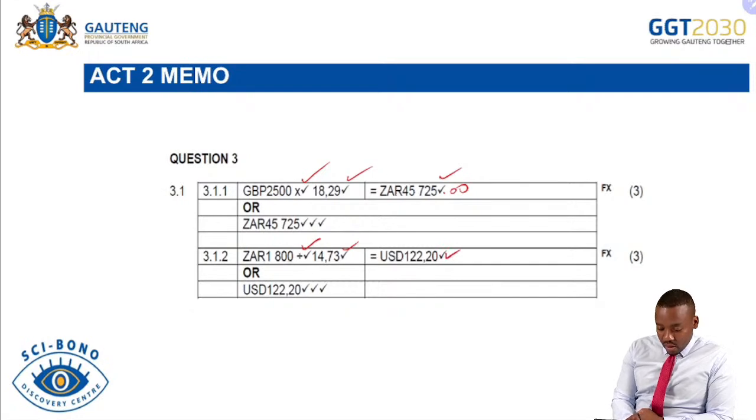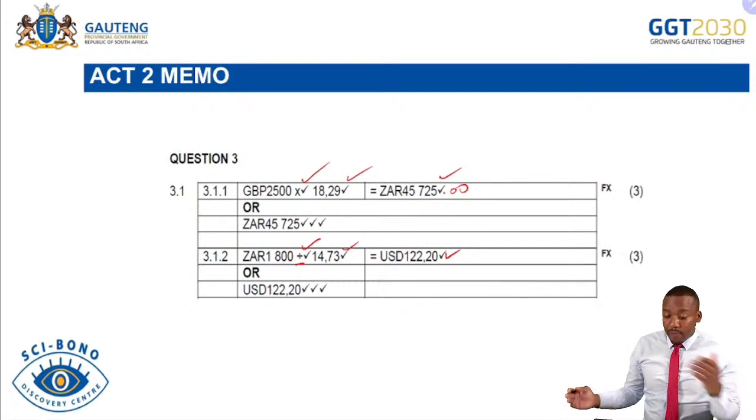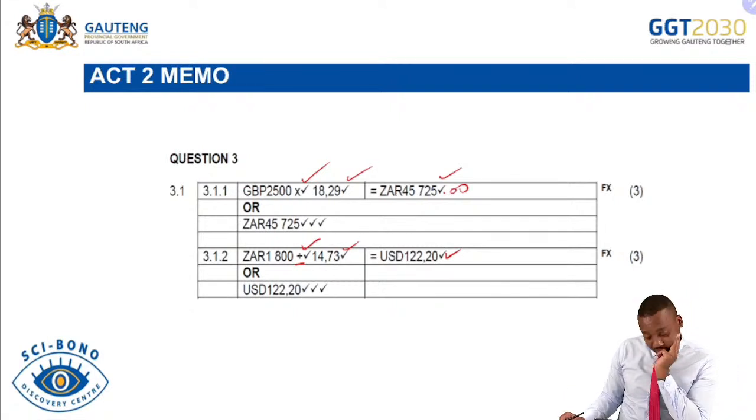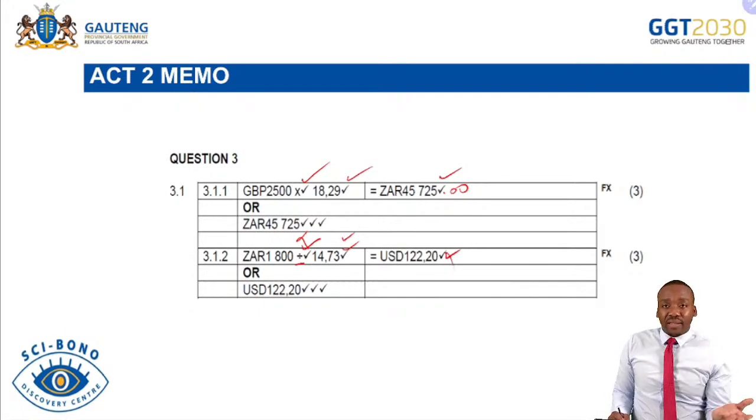Well, even if, let us say, a learner had multiplied, then they were going to get it wrong here. If the learner had multiplied but had used the correct exchange rate, obviously their answer will be wrong.